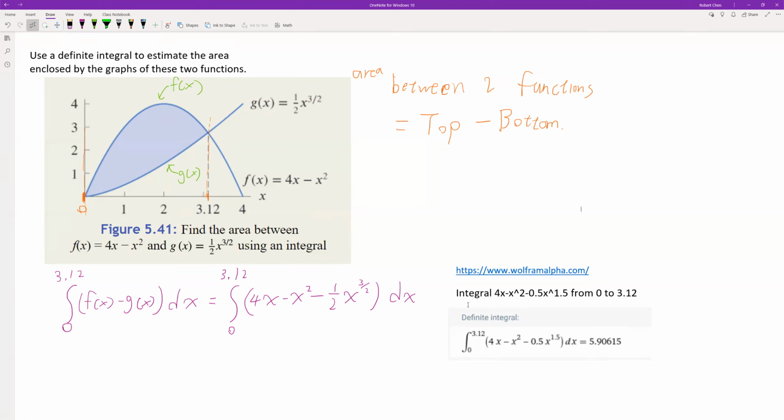Those will do integrals fairly nicely. You just need to learn how to use your graphing calculator to evaluate integrals.